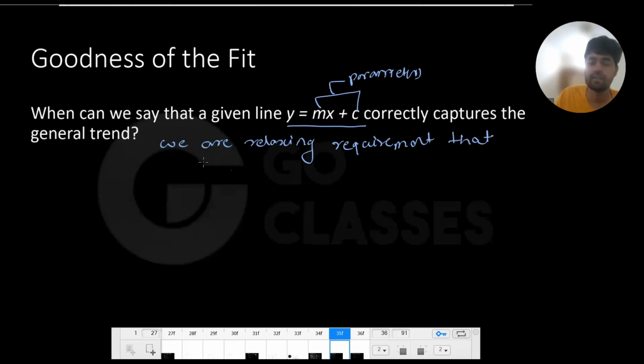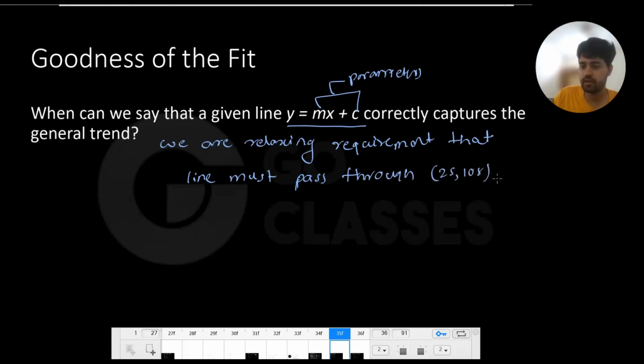that the line must pass through the 3 points, like 25, 108, then 28, 120, and then 31, 140.